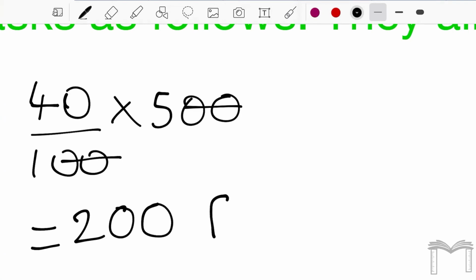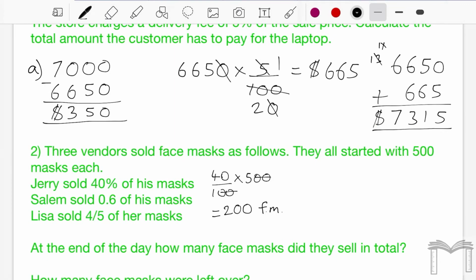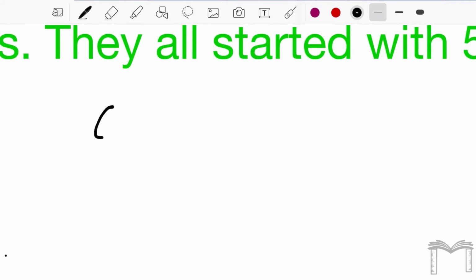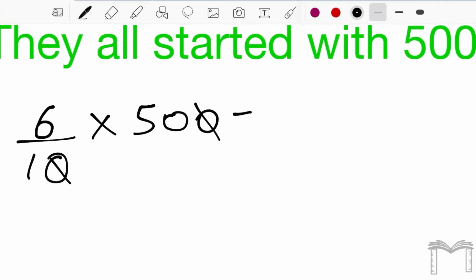We'll use FM for short. Face mask. So that's for Jerry. For Salim, let's find 0.6 of 500. So 0.6, as we should know, is 6 over 10 multiplied by 500. Six fives are 30, put back the 0, so that's 300 face masks.